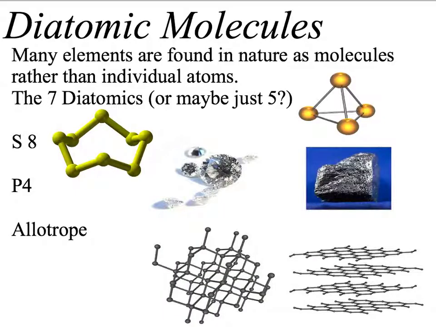Alright, so one concept we need to address is the concept of diatomic molecules. Many of the elements we find in nature occur as molecules rather than individual atoms. So there are 7 diatomics that we need to be aware of. And we can find these diatomics just by looking at the periodic table. Conveniently enough, they form the number 7.